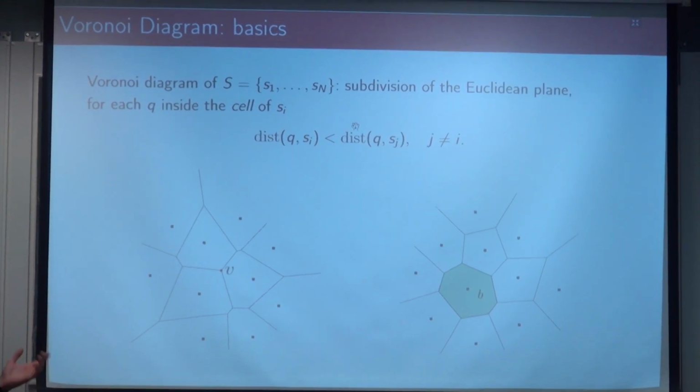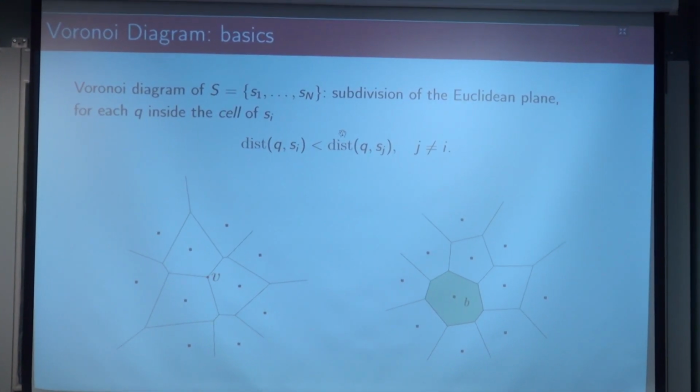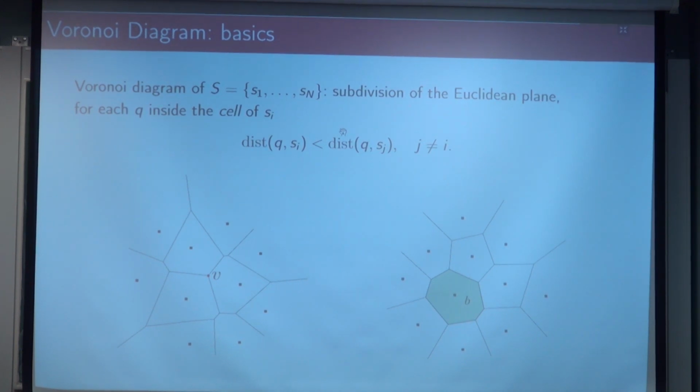The diagram has cells, edges, and vertices, which are just centers of circles passing through three of the sites if they are in general position. Also, we will use the notion of a pole of a cell. This is a vertex that is just one edge outside of this cell.